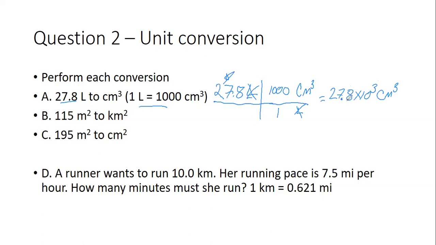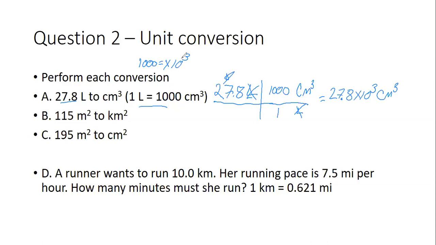So if you want to put all those zeros, that's okay as well. I just left it in scientific notation because it's super easy. When you have thousands, you can just put 10 to the 3 like that. So for those of you who weren't quite sure what I did there, 1,000 equals times 10 to the 3rd. So it's just an easy way to keep track of numbers. So that conversion is relatively simple.